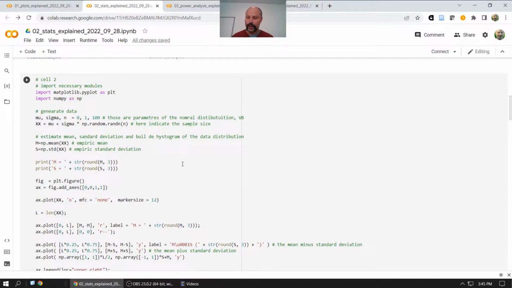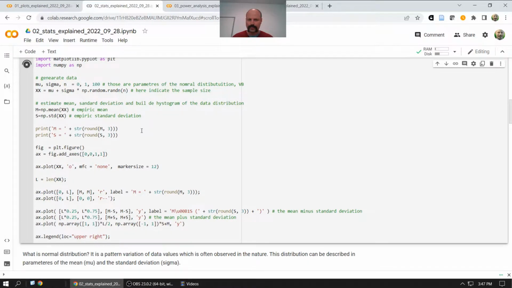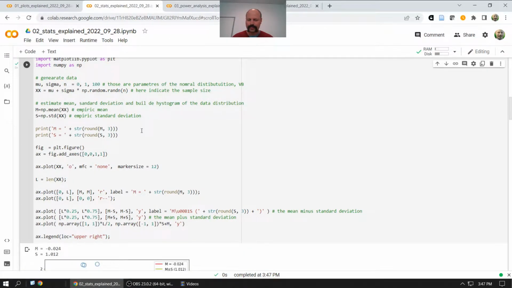So we generate our data with the mean as 0. Is it 0? Well, let's see. Okay, so we expected to get mean at the level of 0 and sigma, standard deviation, at the level of 1.